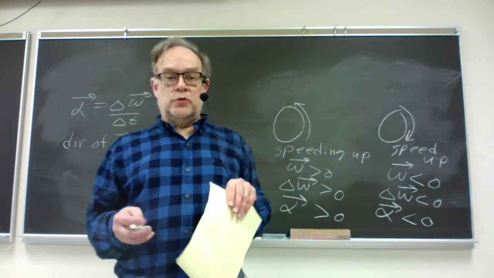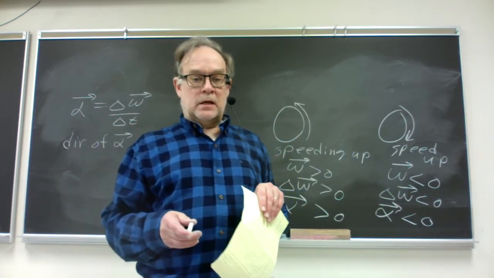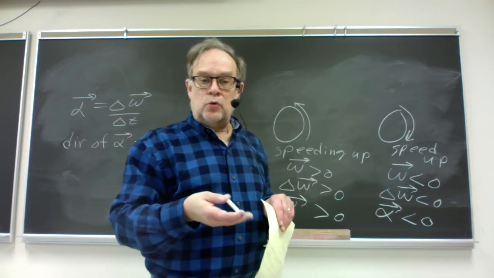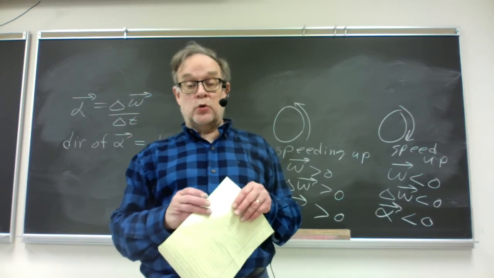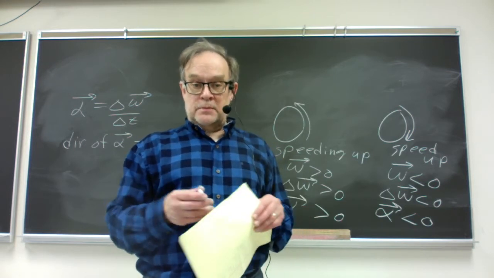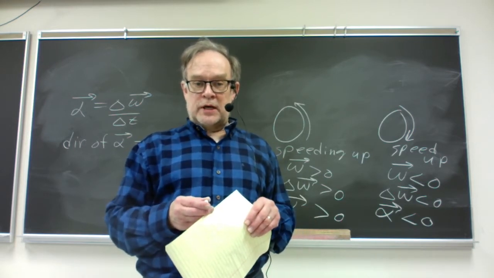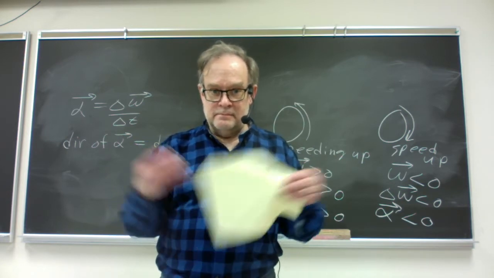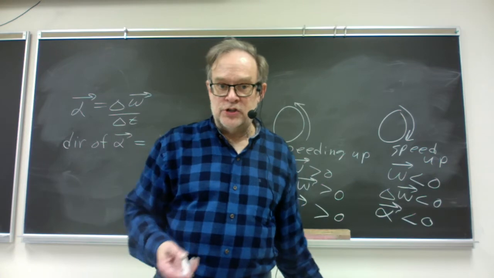And if you work through the other examples, like say clockwise rotation and slowing down, or counterclockwise rotation and slowing down, you'll see again that slowing down always corresponds to velocity and acceleration pointing in opposite directions.